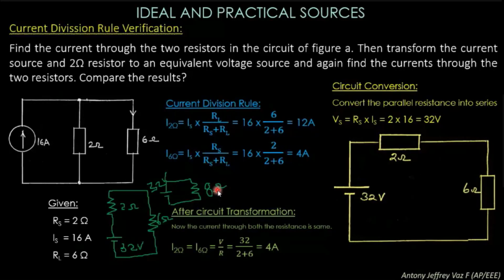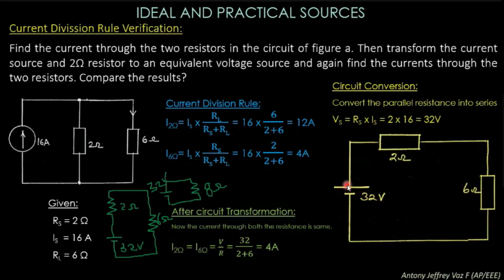Next, after transformation, we are going to find the current. The last point is again to find the current through the two resistors and compare the result. After this transformation, we are going to find the current through this circuit. You can see the current through this circuit is the same. The current I starts flowing over here, flows through this 2 ohm resistance, and the same I current flows through the 6 ohm resistance, and returns back to the battery source.